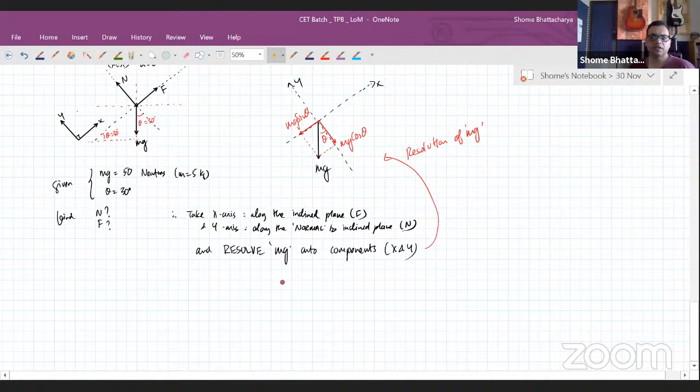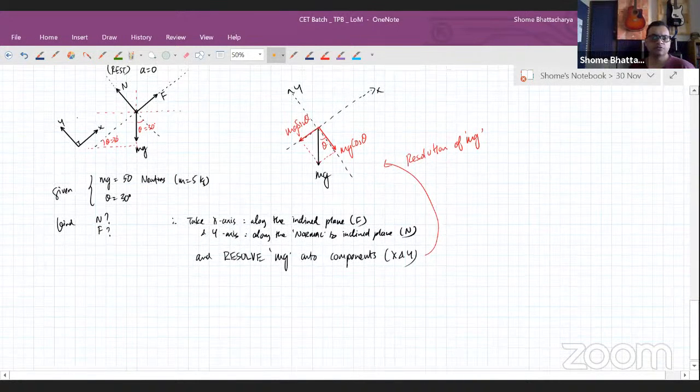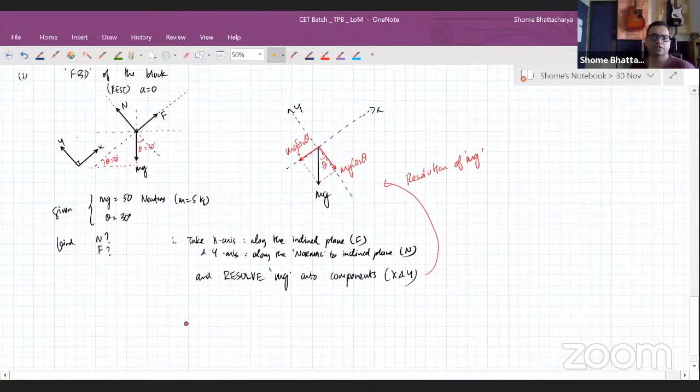So now use this and find out the value of F and the value of normal reaction given this information here.